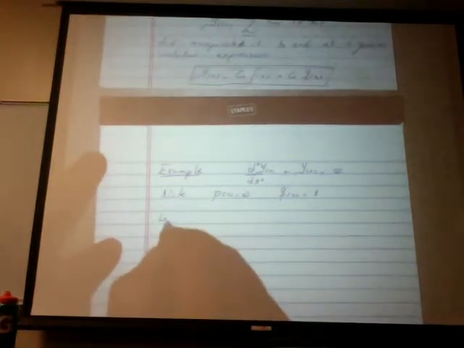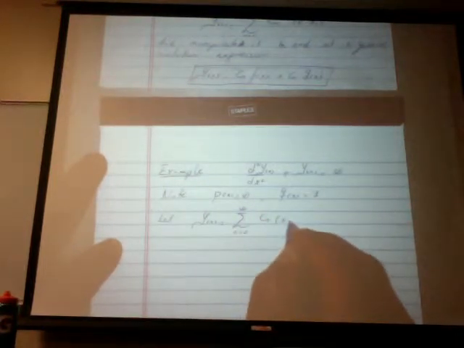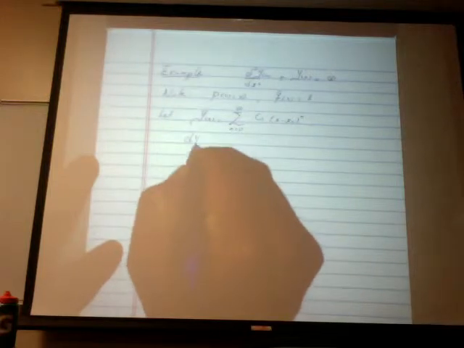We're going to let the solution y of x be equal to the summation from n equals 0 to infinity of Cn times (x minus x0) to the power of n. It's an infinite Taylor series. So what is the first derivative of these?